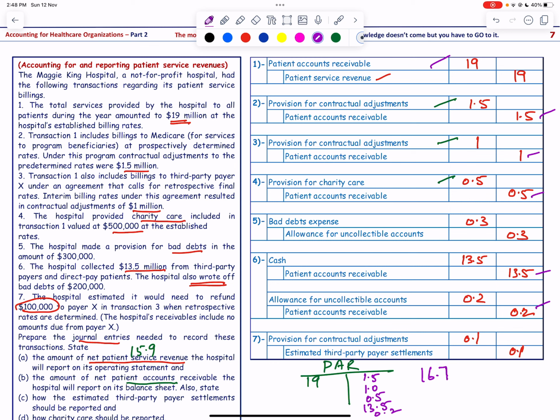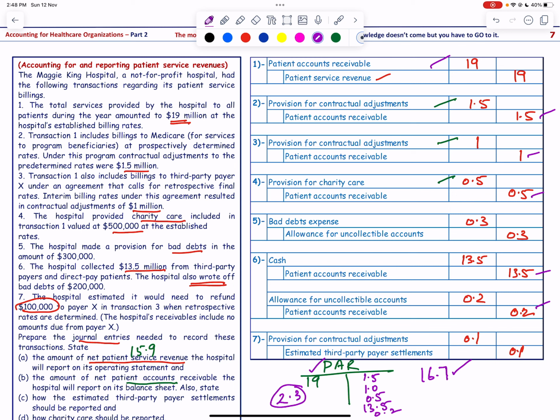And so the balance in patient account receivable will be 19 minus 16.7, that will give us 2.3 million.